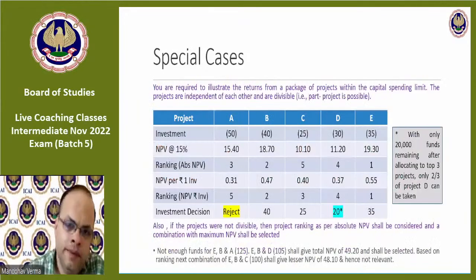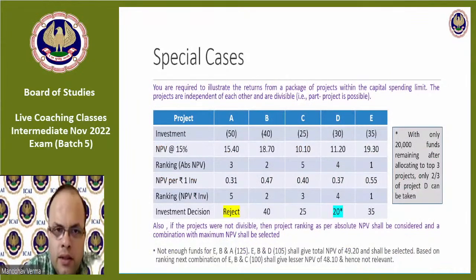So let's see. What we need to calculate here is what is the best possible combination. But definitely we have to take into account A, whether the projects can be divisible, or B, whether projects cannot be divisible. So let's look at project A, B, C, D. We have investments of different amounts.